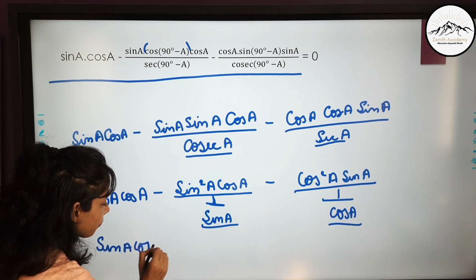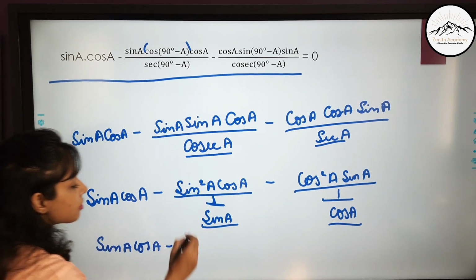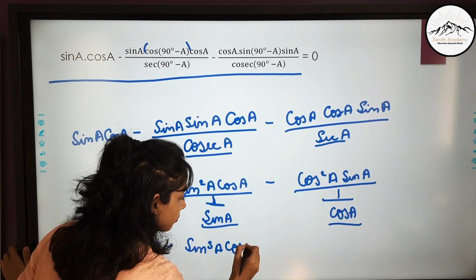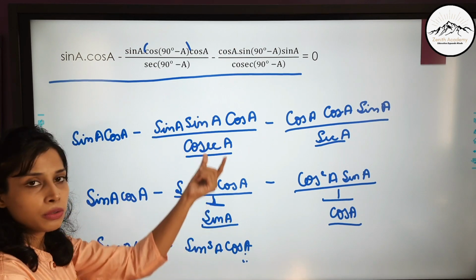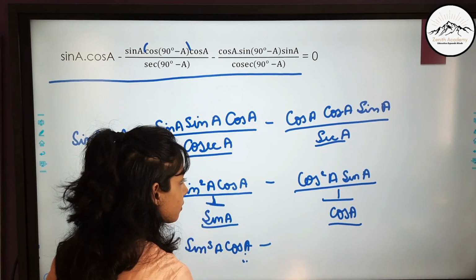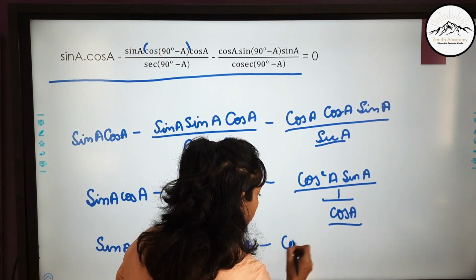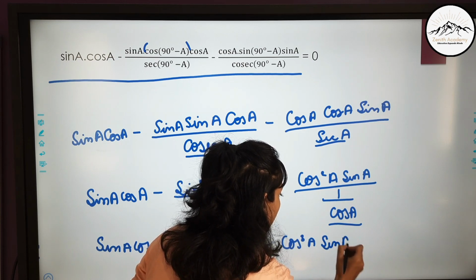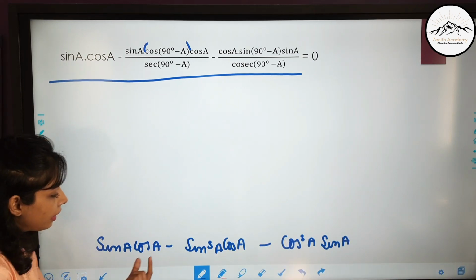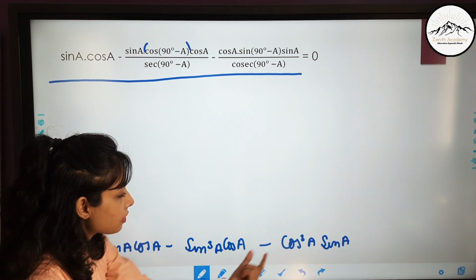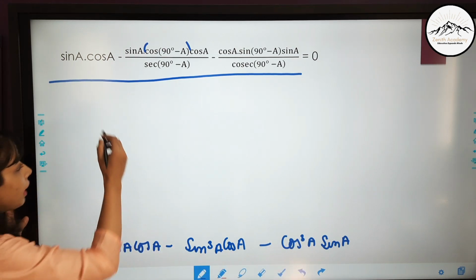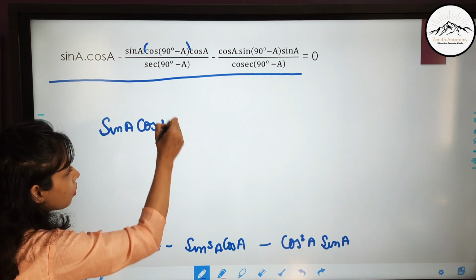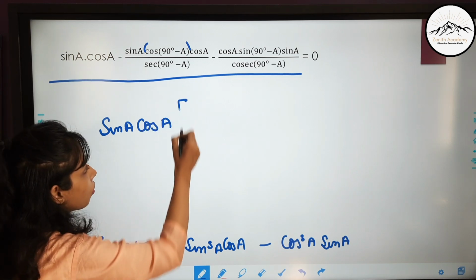Sin A cos A minus sin cube A cos A, because we shifted this to the numerator, minus cos cube A into sin A. So now sin A cos A minus sin cube A cos A and minus cos cube A sin A. So let's take common sin A cos A.